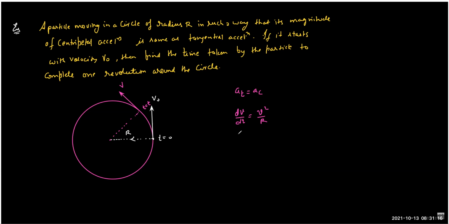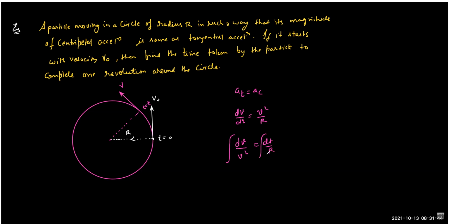This is a very simple case of a differential equation, and there are various things you can explore while solving this question. So dv by v square we can write as dt by r, and now you can integrate. Integration will give you the velocity as a function of time t, because unless you get the velocity, you cannot find the distance.